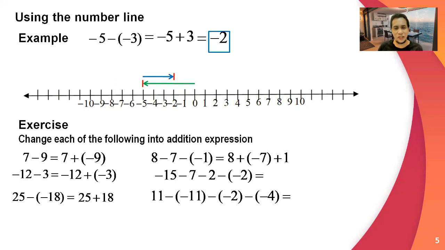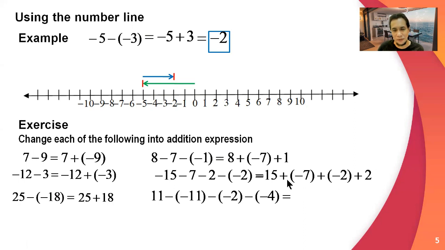All right, any question? Let's go to the next. -15 minus 7 minus 2 minus -2. We'll apply the rule. -15, minus becomes plus, +7 becomes -7, plus +2 becomes -2, plus, -2 becomes +2.